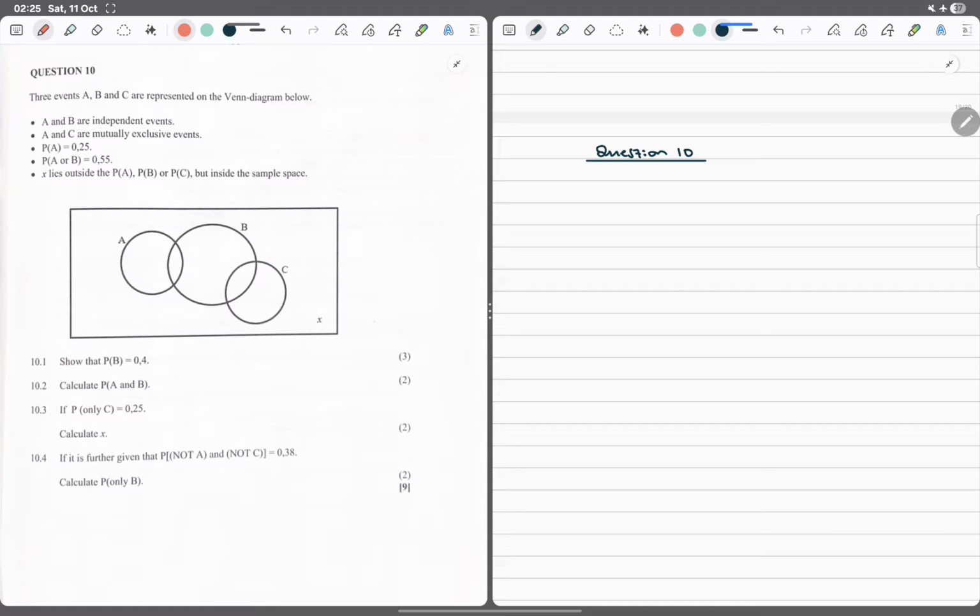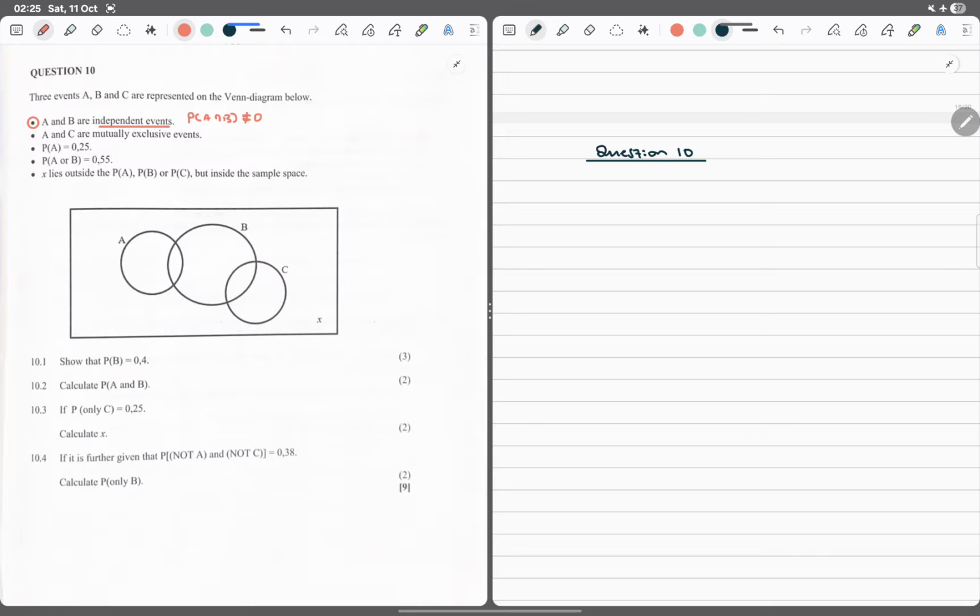Anyway, let's get going. 3 events A, B, and C are represented on the Venn diagram below. A and B are independent events. So it means there is an existence of the intersection between the two. It is not equal to 0.